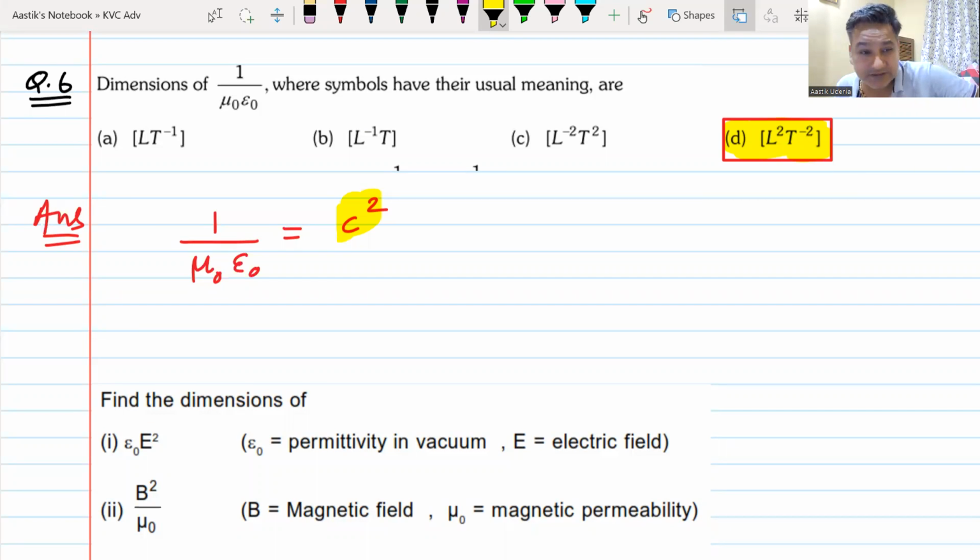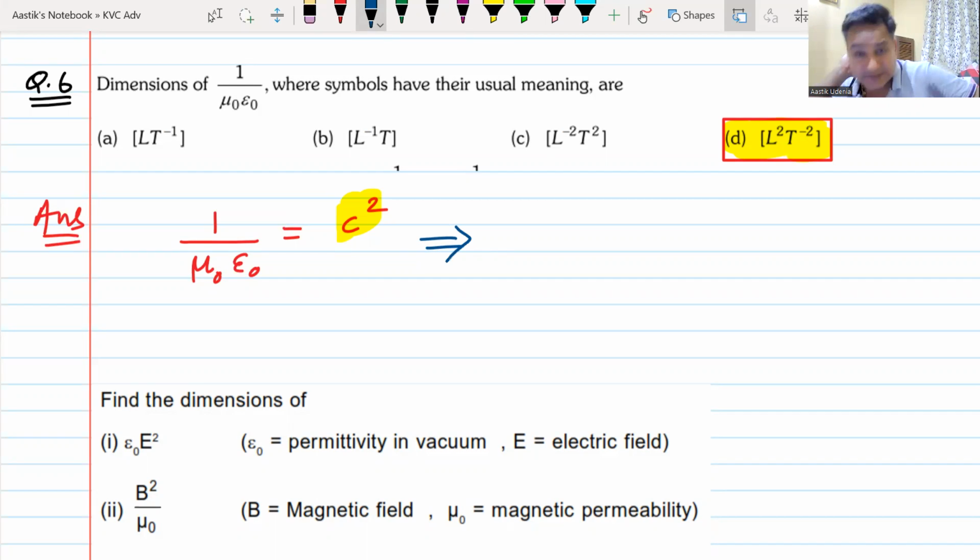See, these are the things that you must remember, because you are going to make this mistake, my dear friends. 1 by mu naught into epsilon naught is c square, and here they are asking you the dimension of 1 by mu naught into epsilon naught.